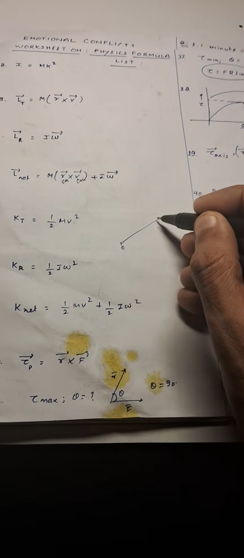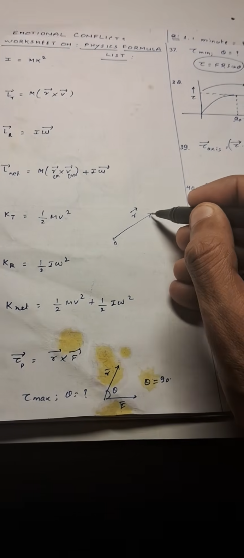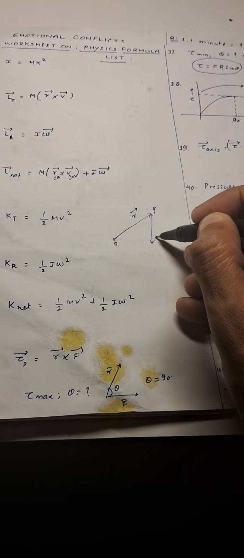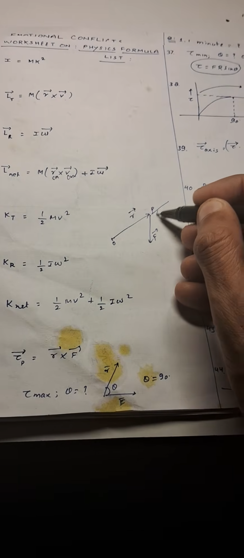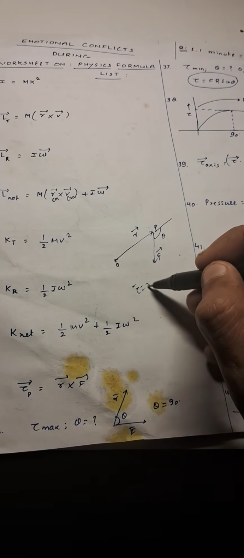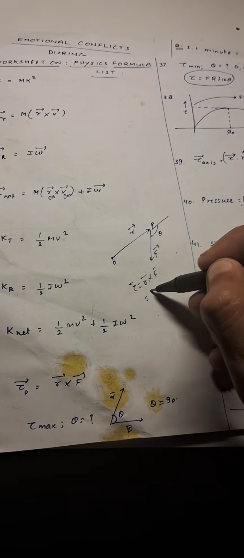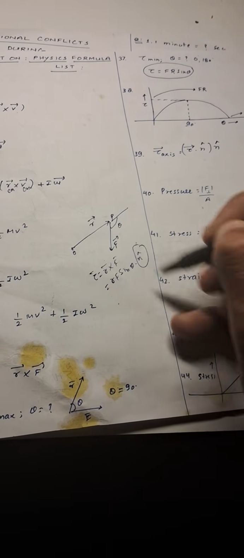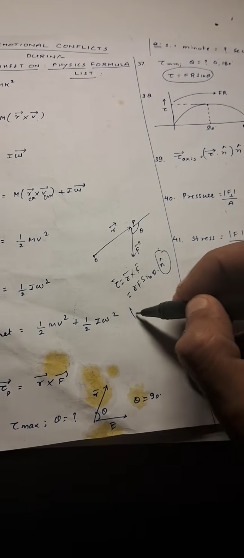Let's elaborate this. Suppose this is a point O, and from here we draw position vector r to a certain point P, and there is a force F acting on it, and suppose the angle between r and F is theta. Torque is given by the cross product of r and F, which can be simplified as r F sin theta n cap, where n cap is a unit vector perpendicular to the plane of r and F. So the magnitude of torque is r F sin theta.